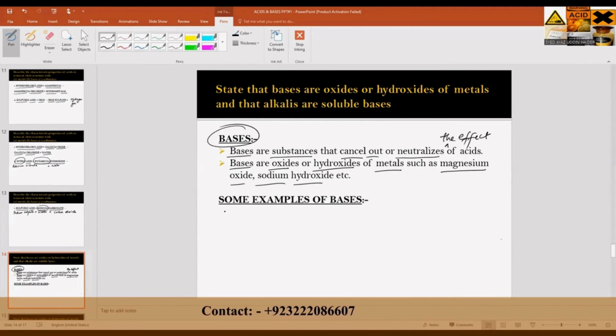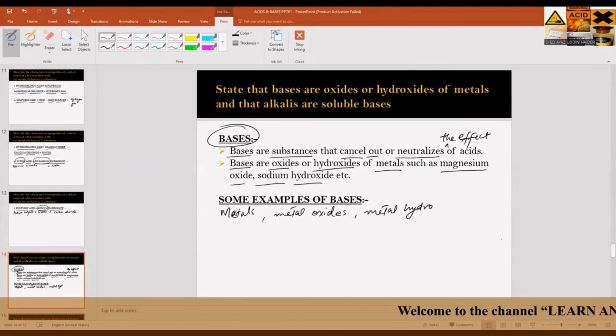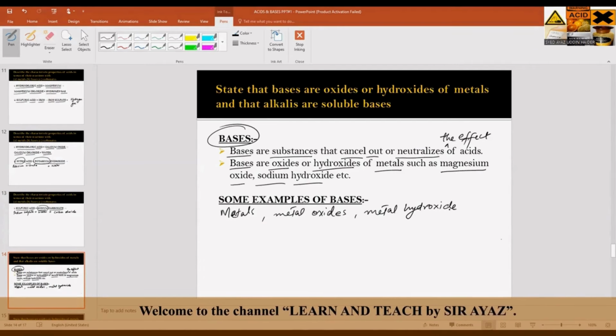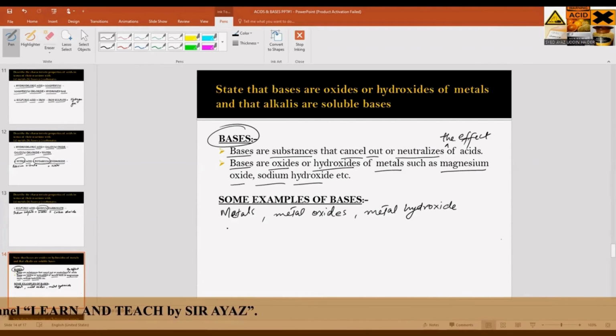You can include metals like magnesium, calcium, zinc, copper, etc. You can include metal oxides like copper oxide, calcium oxide. You can include metal hydroxides like sodium hydroxide, potassium hydroxide.